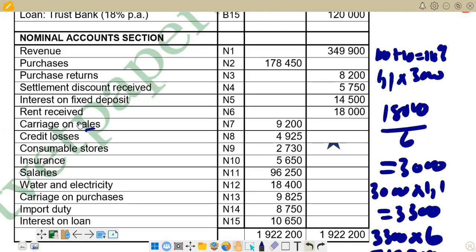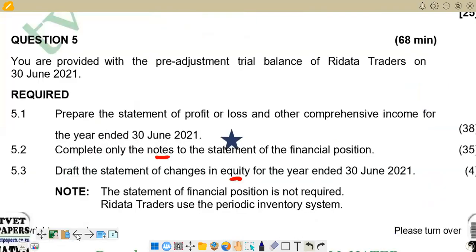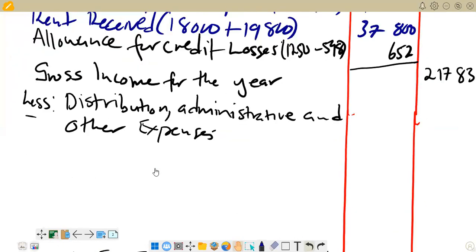But when it's now carriage on sales, it becomes an expense. We're going to put it there under the expenses section, and it's a distribution cost, remember. So we are going to put carriage on sales as 9,200. So we go to the under section. We have carriage on sales.